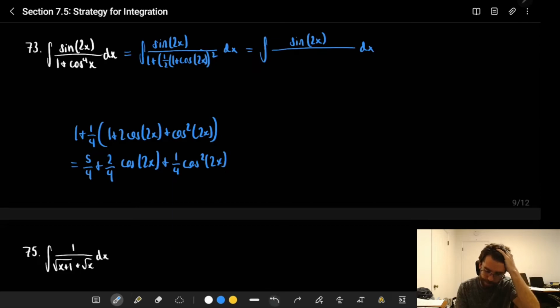And it'll be in the denominator, so it'll come out as a 4. And then this is, let's write it backwards, cosine squared 2x plus, I factored the 4 out, so there's still a 2. Plus 5. Okay.